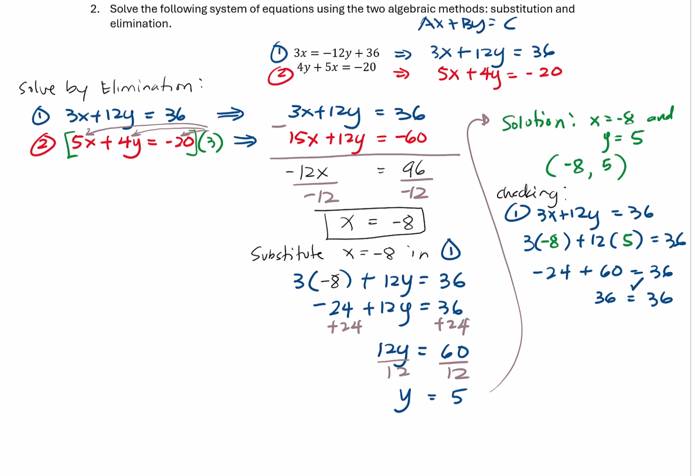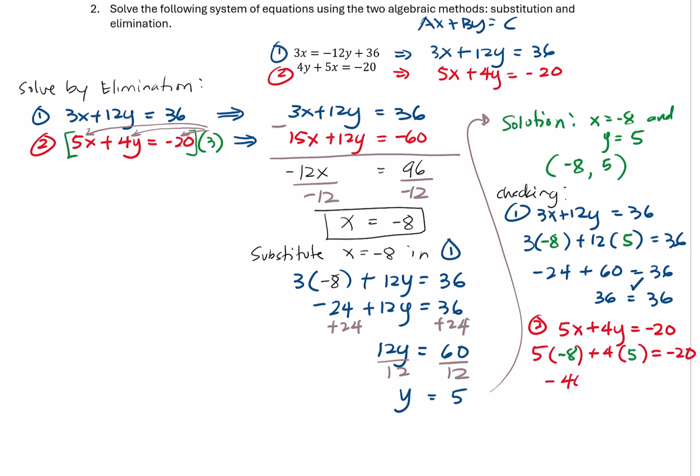Let's try with equation 2. Copy equation 2. Let's replace that x with the x value we got and do the same with the y value. So our x again is negative 8 and our y is 5.